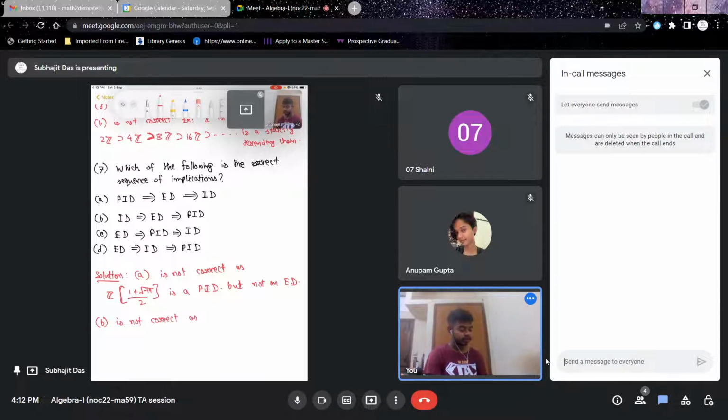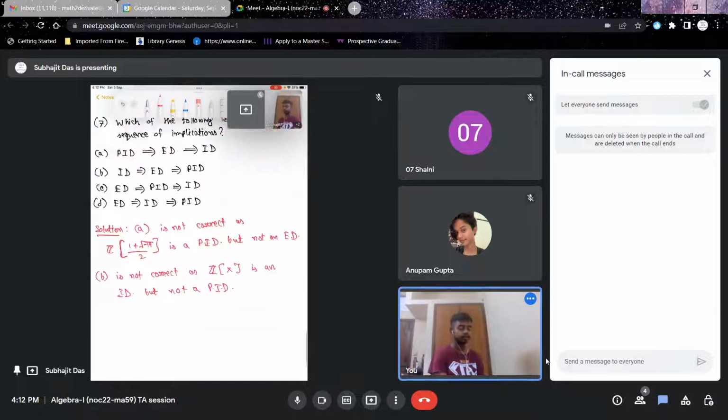As Z[x] is an integral domain but not a principal ideal domain, right? You only said that. Yes, sir. So Z[x] is an integral domain but not a principal ideal domain, and hence it can't be a Euclidean domain as well.